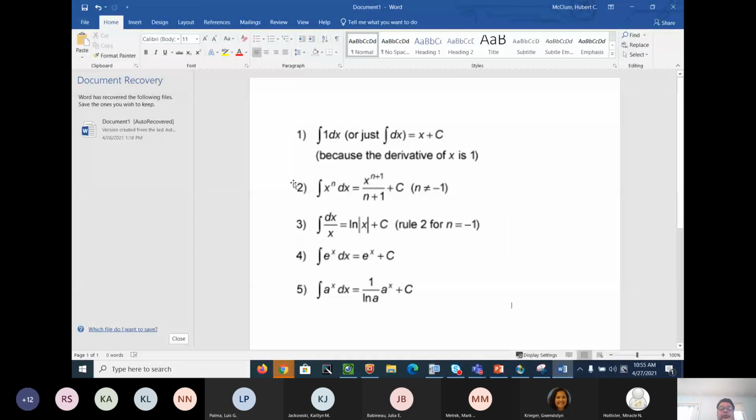And we're on number 2 right now. Number 2 is what we've been working with. Now, e to the x is e to the x, but we haven't covered that one yet because you got to use substitution. So I'm going to skip that one.